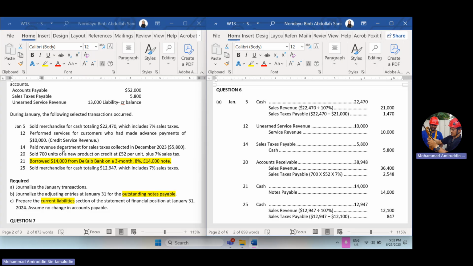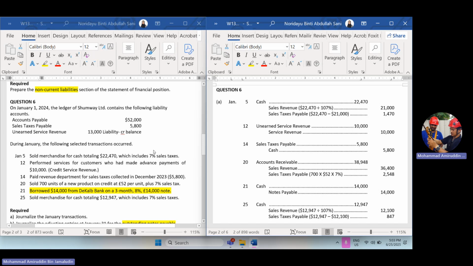Next. Paid revenue department for sales tax collected in December. This is the payment made by the restaurant owner or the company owner to the revenue department, to the government, so called. Okay, so debit sales tax payable, here you credit, then here you debit. But here we pay for 5,800, which is this amount, in December 2023.